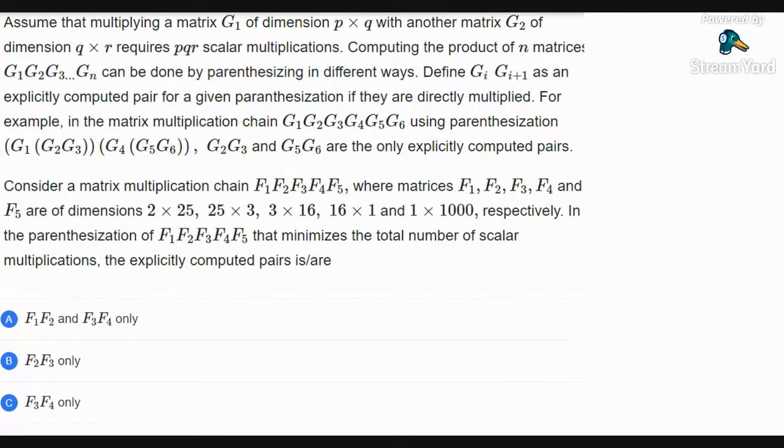For this, I can calculate all these things in phases, and after that I can find out the optimal sequence, and on the basis of that sequence I will answer this. Otherwise, if F1, F2 is not there in option A, or some other option is there, then without calculation I can simply tick option C.